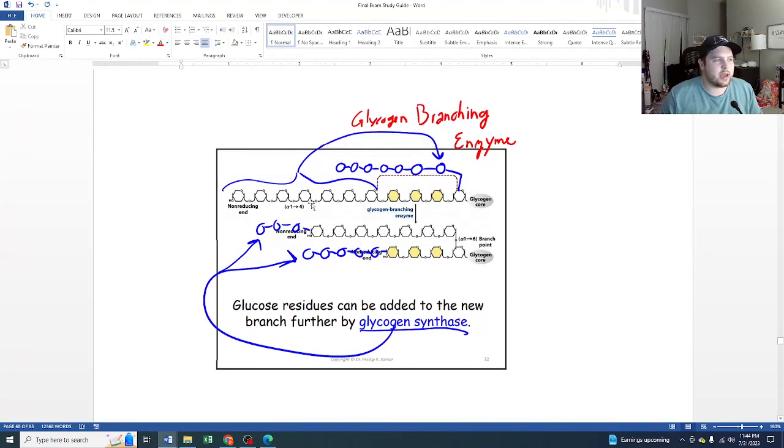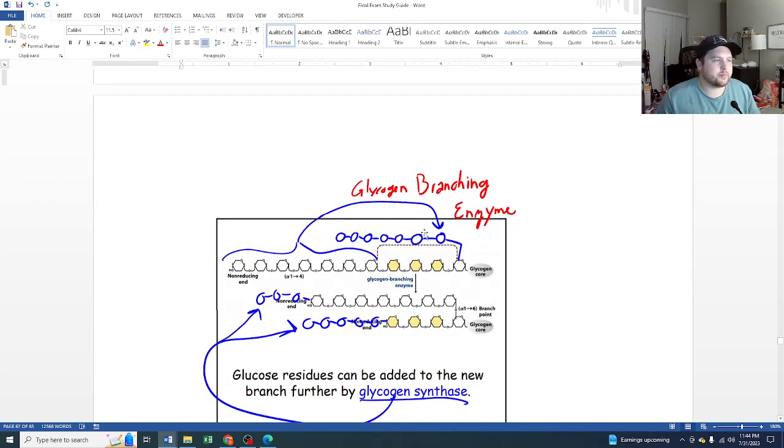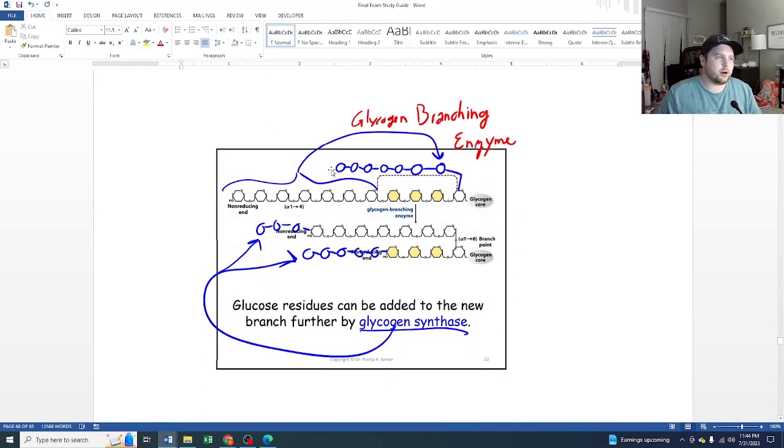And we can see this happening here. It's going to have a non-reducing end and a reducing end, which is technically over here. We're going to continue to build off of the non-reducing end. So you can see that 1 to 6 branch point. That's done by the branching enzyme. And this is how glycogen gets built.